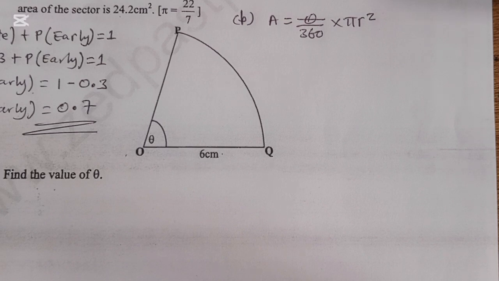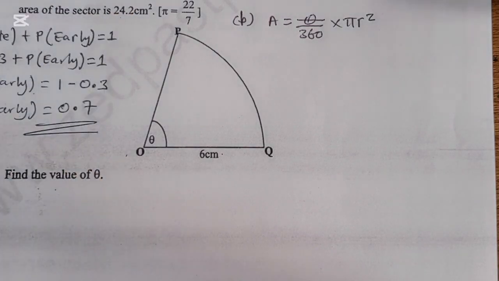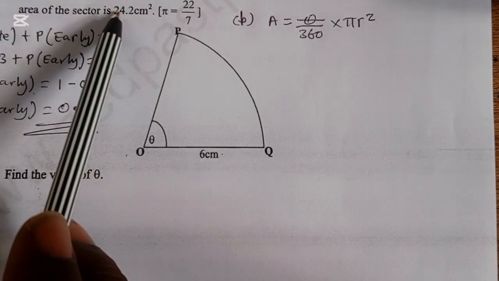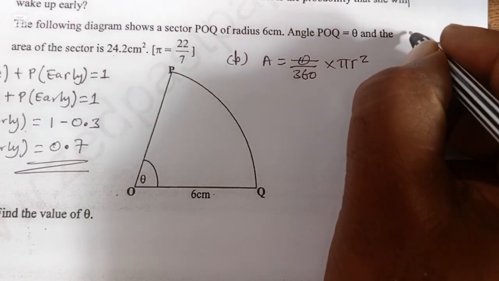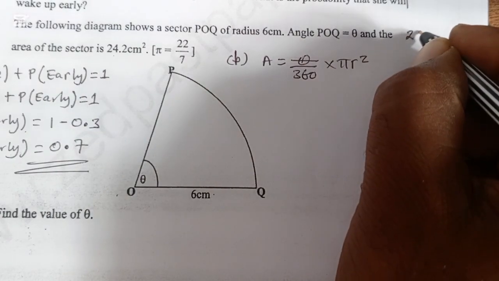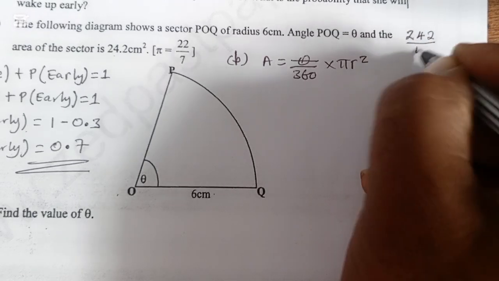So that is the formula for the area of a sector. So area is given to be 24.2 centimeters squared. So I can express this 24.2 as a fraction. So how can I express it as a fraction? 242 over 10.